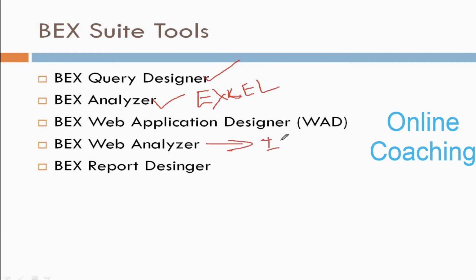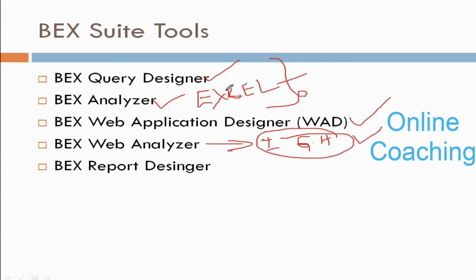Internet Explorer, Google Chrome, Firefox, these are all browsers. If I design here, I have two options, but most of the time we go for this. If I design in WAD, I have only one option: I can view the report only from the browser, not from Excel.